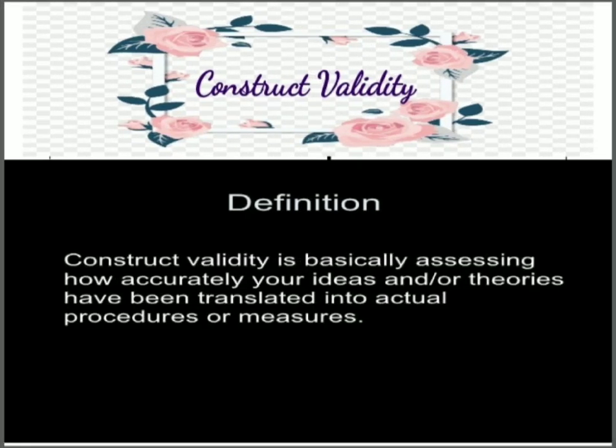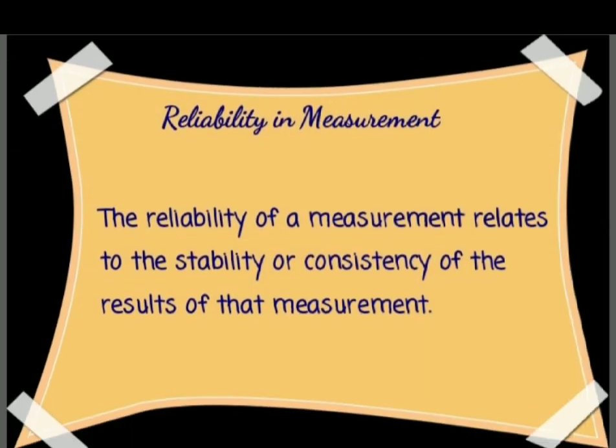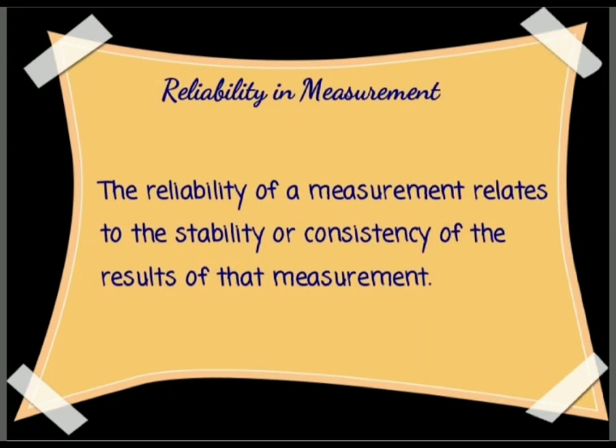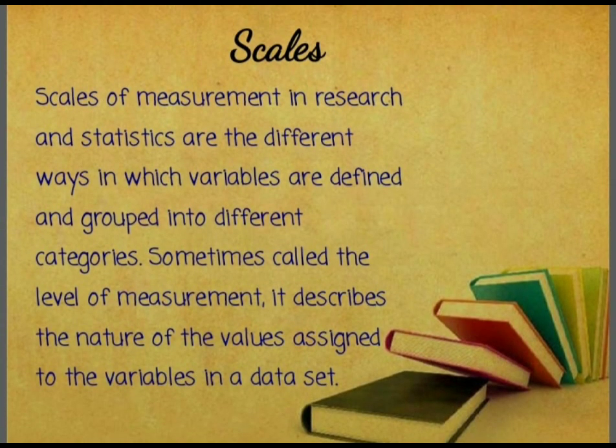What is construct validity? Construct validity is basically assessing how accurately your ideas and theories have been translated into actual procedures or measures. The reliability in measurement. The reliability of a measurement relates to the stability or consistency of the results of that measurement. The scales.